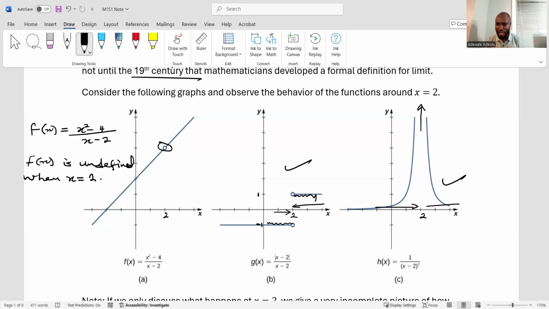And also, as we are studying that function around the value x equals 2, not at 2 itself, because it is undefined at that point, but about that 2, we can talk about what is happening to the y value.